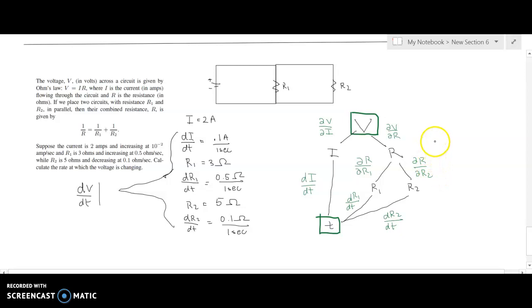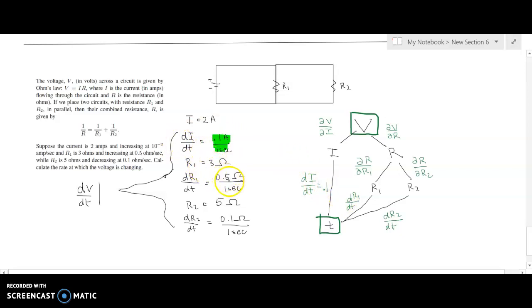Now I'm going to label some of these components because I know what some of these are at this instant. I don't necessarily need to know the function I of t, because at the current moment, we know that dI/dt is equal to 0.1.